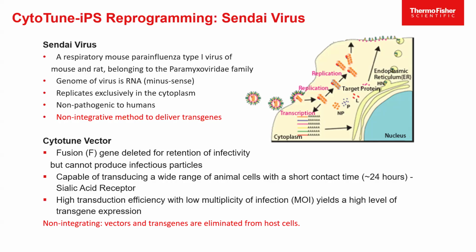In this case, part of that viral genome has been altered so that you're hijacking the cell's machinery not to express the virus itself, but your transcription factors. And in this case, most folks have made sure to delete the F gene that's part of this viral genome backbone.